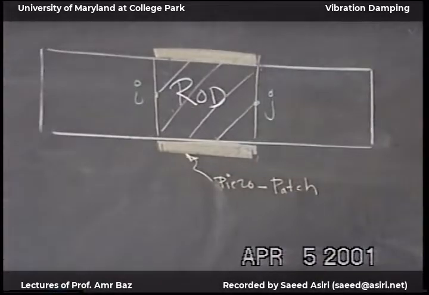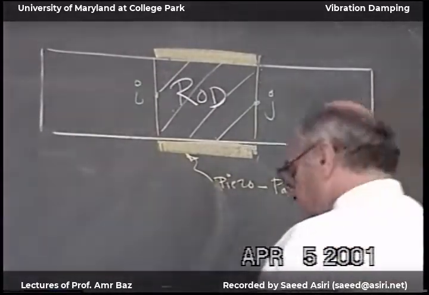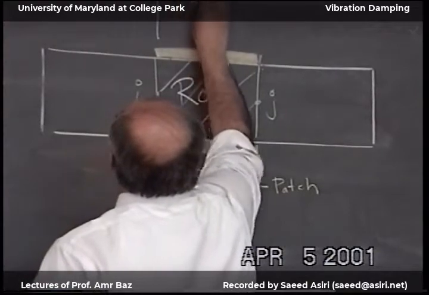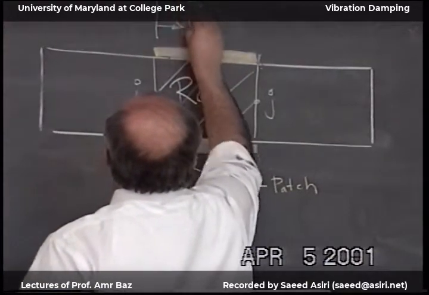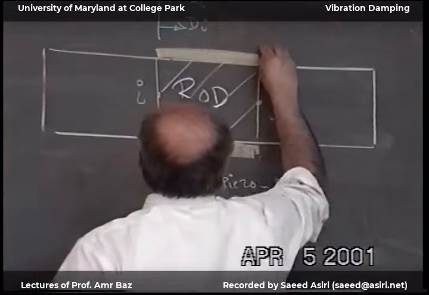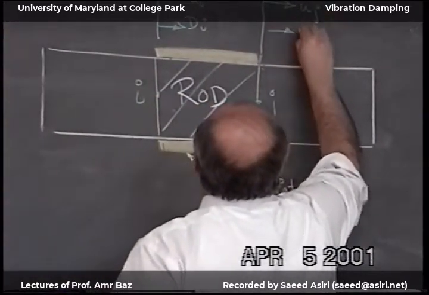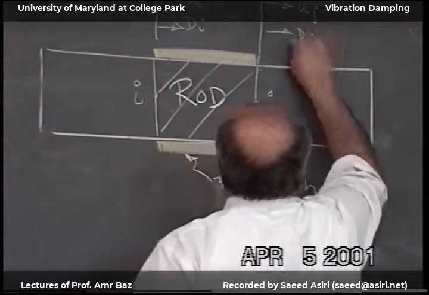This is the rod, and then each node has mechanical degrees of freedom associated with it and electric degrees of freedom. Mechanical degrees of freedom and electric degrees of freedom.